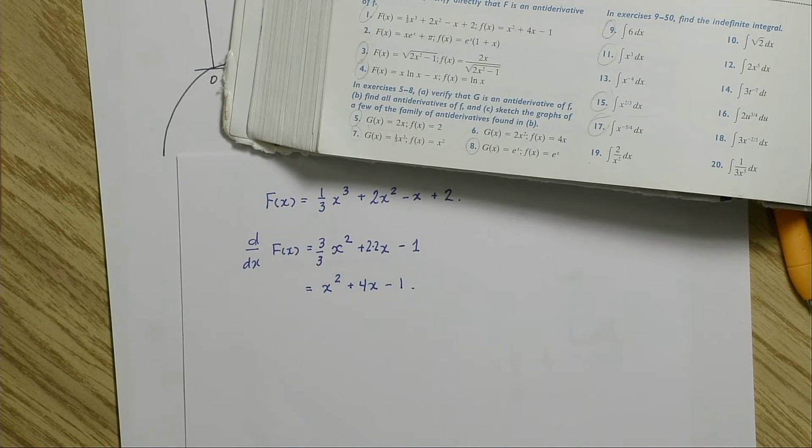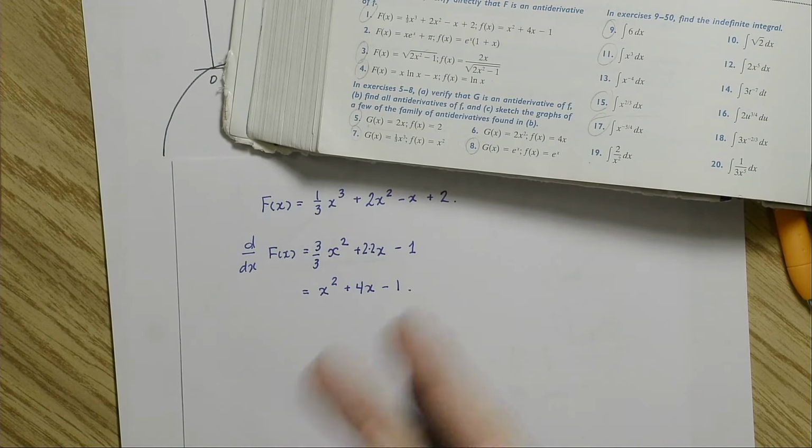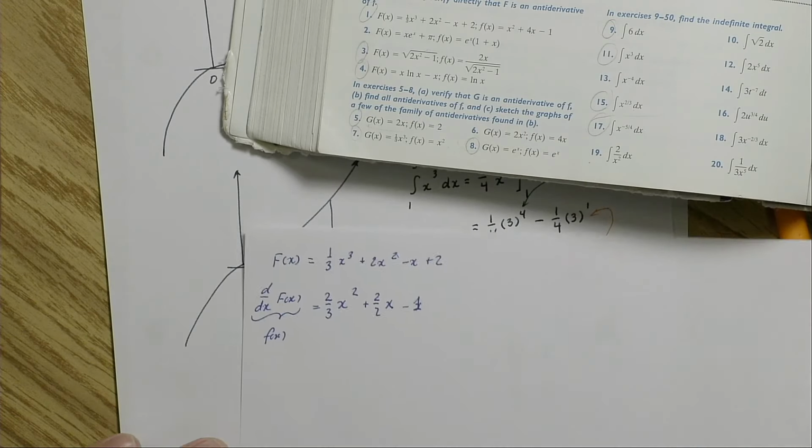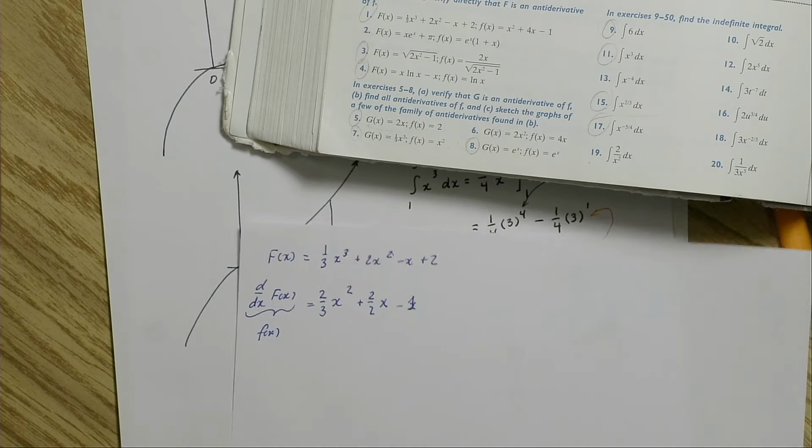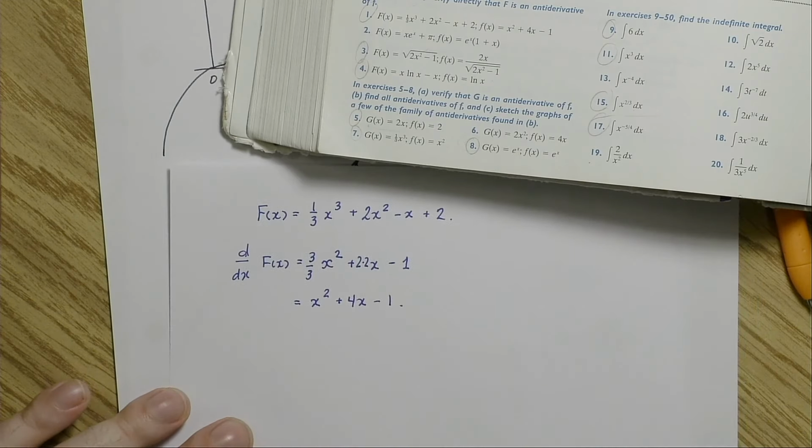I'm going to say be very careful at this point, because people will mix up differentiating something and integrating something. Very similar to this, and you'll get a mess. So be very careful about what you're doing.